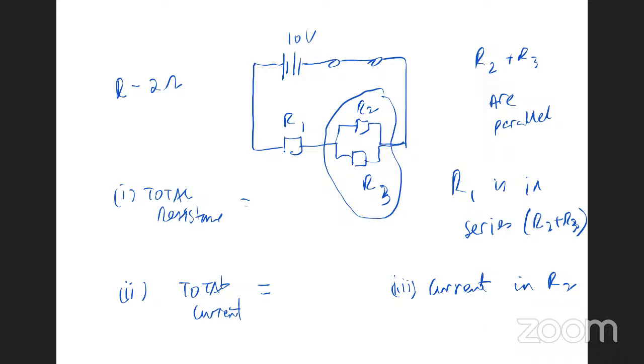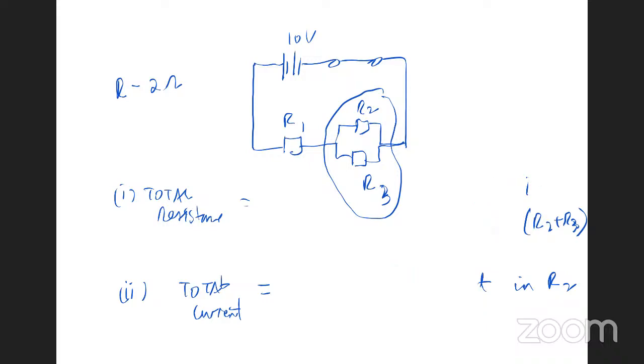Let's see what the calculation will look like, right? So as we said, R2 and R3 are in parallel. So we have to be able to use the parallel formula there, right? So I'm working out for R2 and R3 first. 1 on R is equal to 1 on 2 plus 1 on 2.